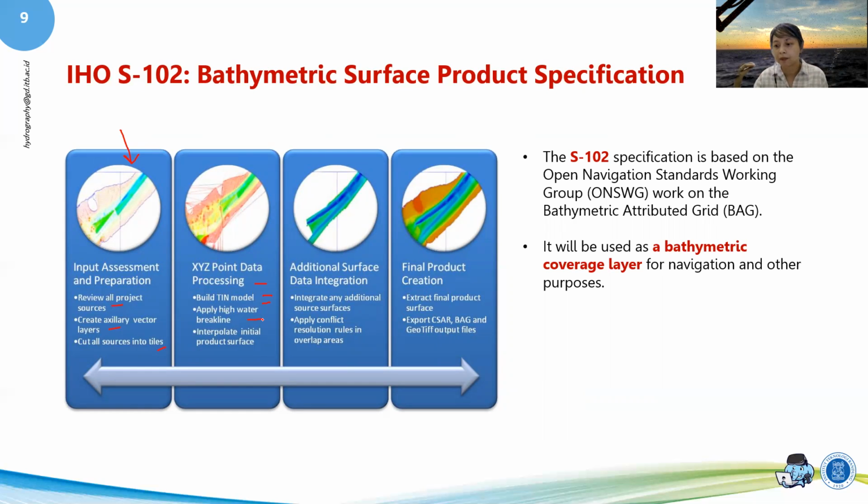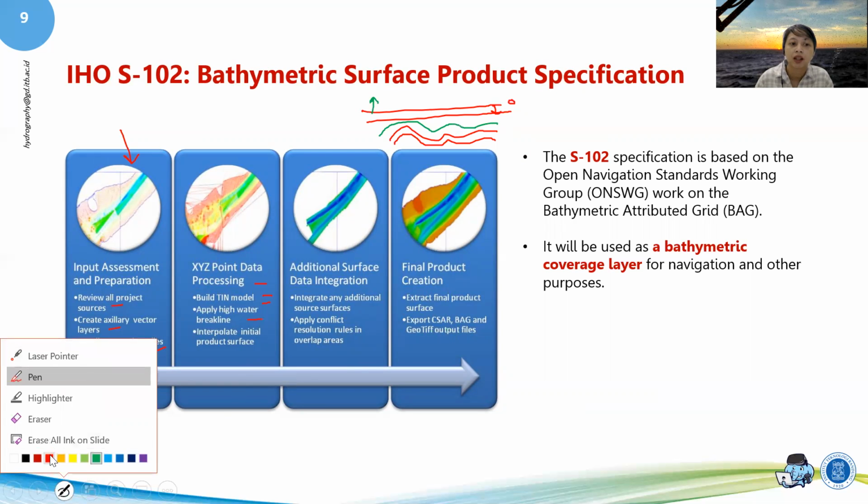If your bathymetry is in here and your zero is in here, and you want to make it lower, then you can just make the bathymetry lower as well. But if you want to make your zero higher, for example, then you can just operate your bathymetry and make it higher. That's the basic idea. And then you can interpolate initial product surveys, as we have done in the practical.